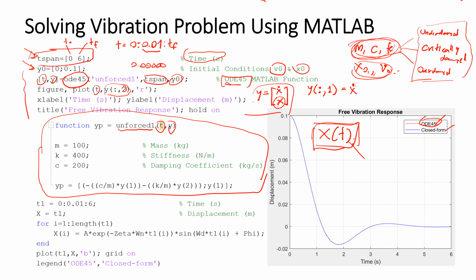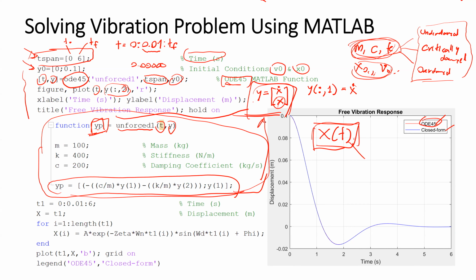The variable that we are going to use and the variable that we are going to return. YP, the variable that we are going to return, is this one. So you can see that YP is the same thing like here.